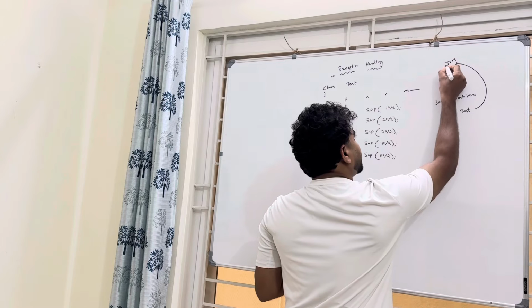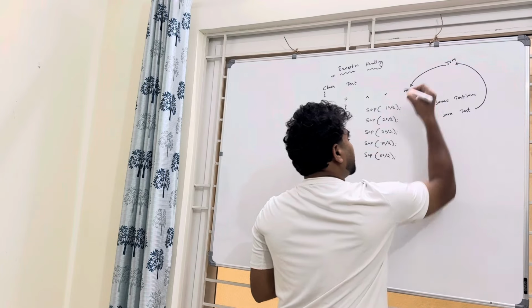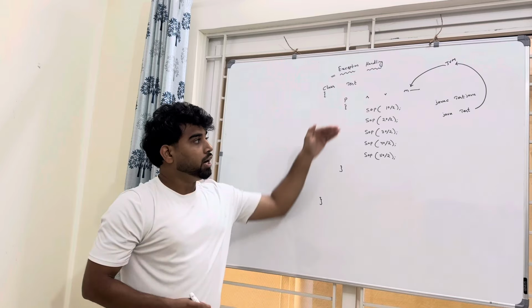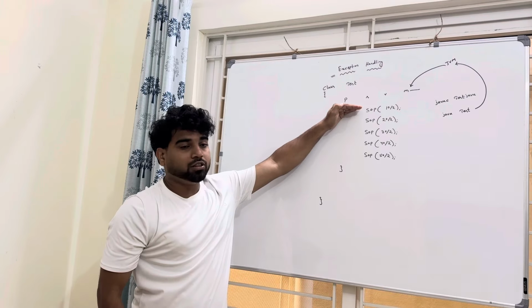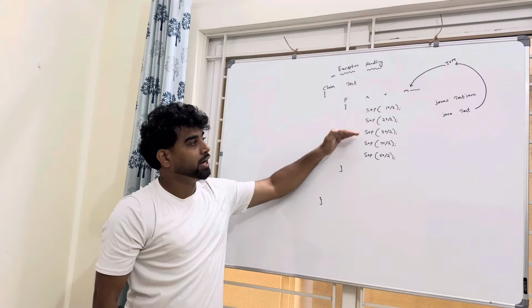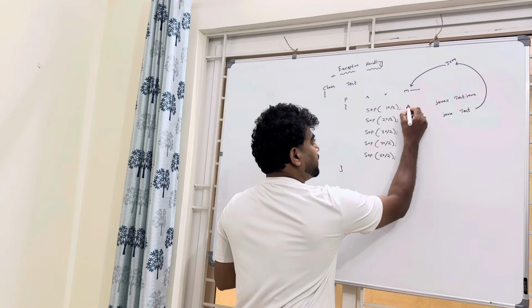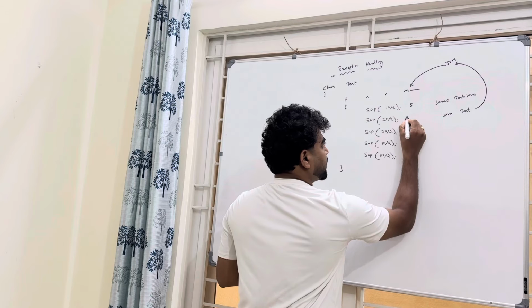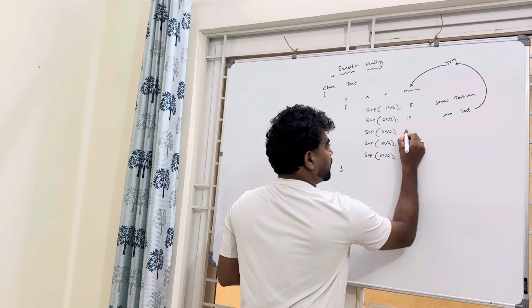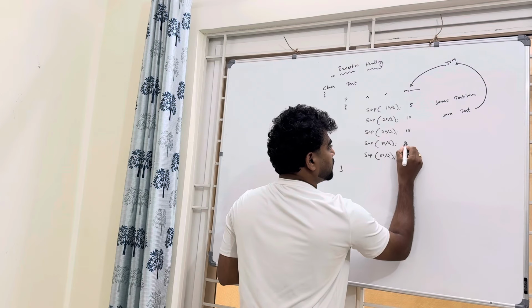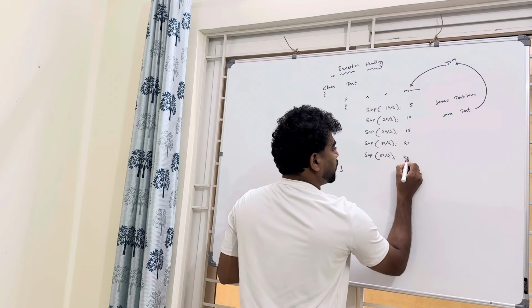The JVM comes to the main method and tries to execute your program line by line. First it executes the first line and gives the output 5, then 10, then 15, 20 and 25.